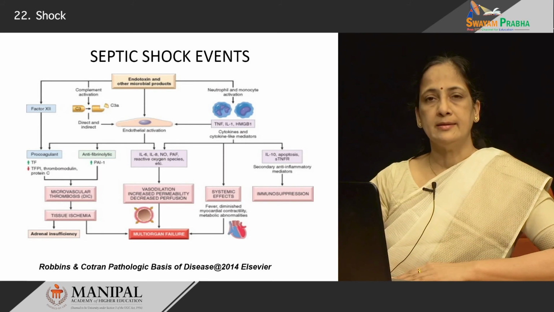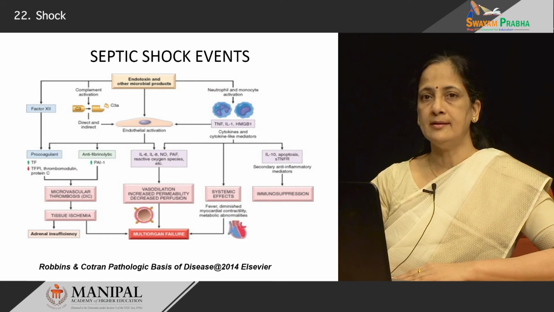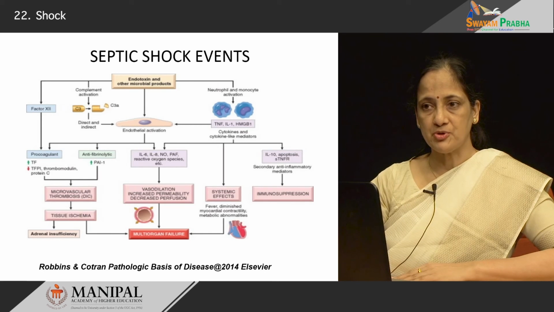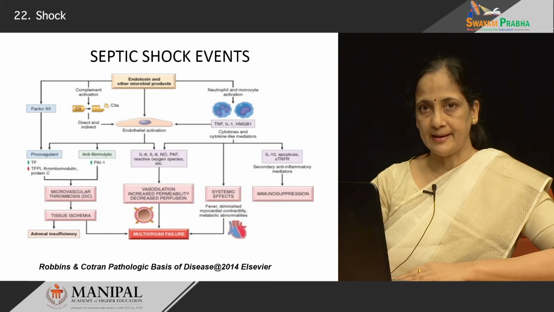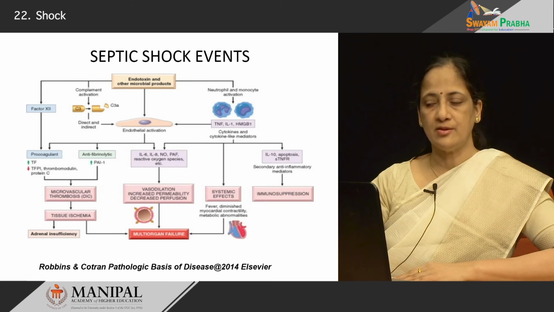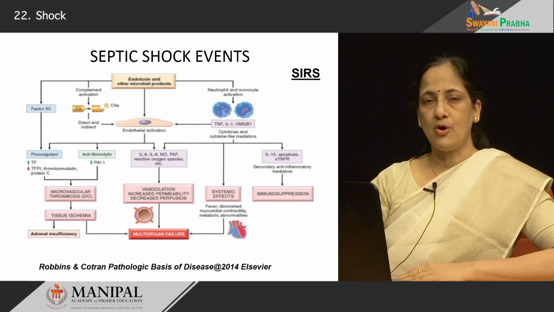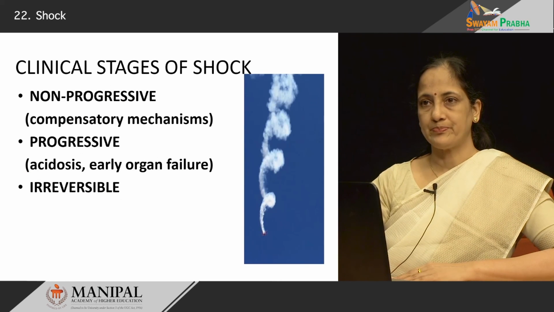All in all, these microthrombi, the vasodilatation, the drop in the cardiac output, and the drop in the blood pressure and tissue perfusion result in cell injury at the tissue level, and ultimately multiple organs begin to fail, and that causes death of the patient in septic shock. It is also called systemic inflammatory response syndrome.